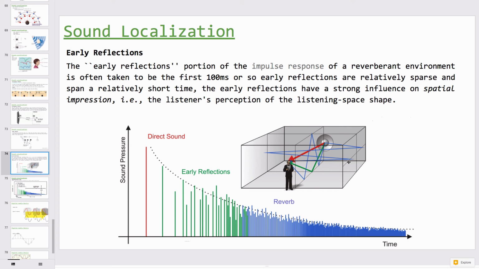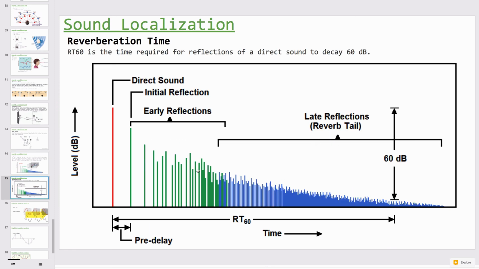Each time they lose a little bit of energy, they're a little bit quieter getting to our ears. The amount of time it takes for that level to decay to 60 dB less than the actual direct sound will give you your reverb tail. That sense of reverberation, we all know what that is, right?